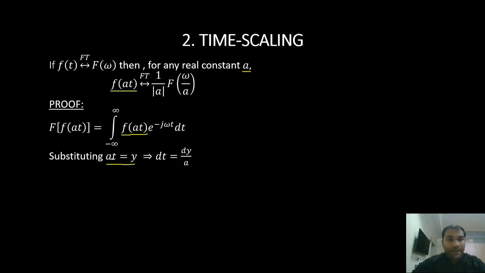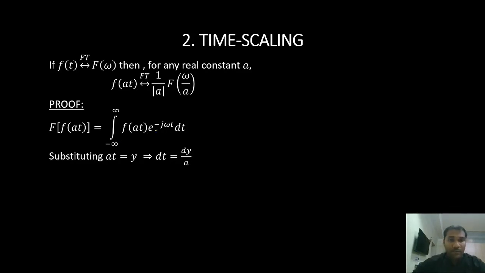If I differentiate on both sides, a is a constant, so a times dt is equal to dy. Simplifying, dt is equal to dy by a. Then I look at my limits.